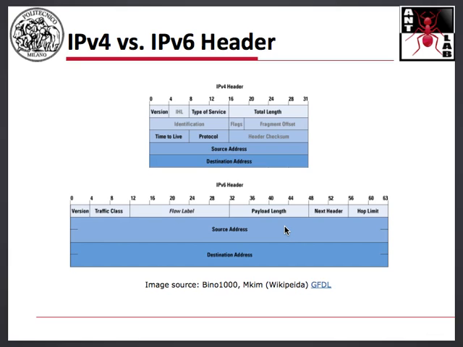So the version field is the same as IPv4. This is the 6, representing the IPv6 version. Then you have two fields called traffic class and flow label, which are used to implement some kind of quality of service at the networking layer.